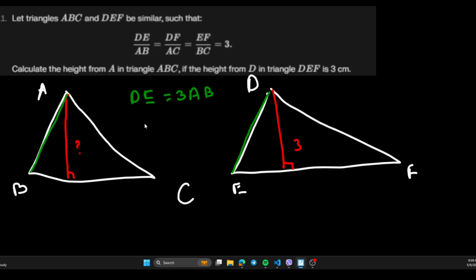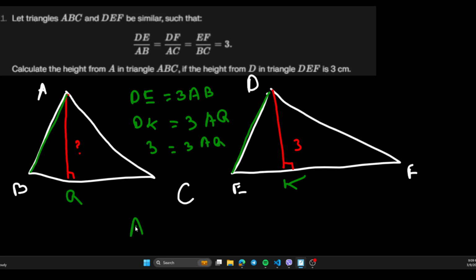With that logic in mind, that height, let's call it DK. DK equals 3 times AQ. Now you know DK is 3, so 3 equals 3AQ.